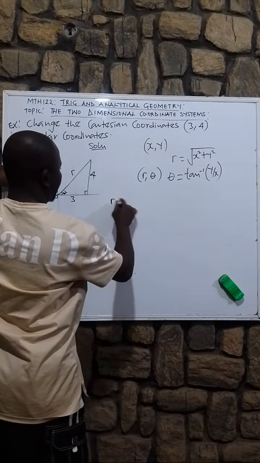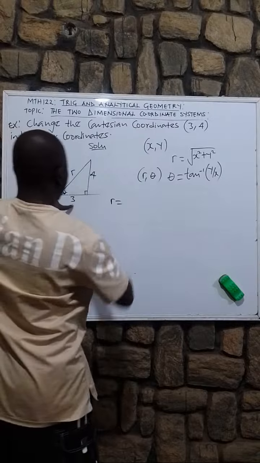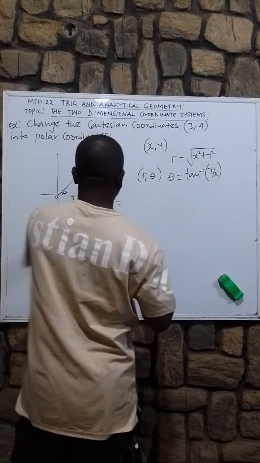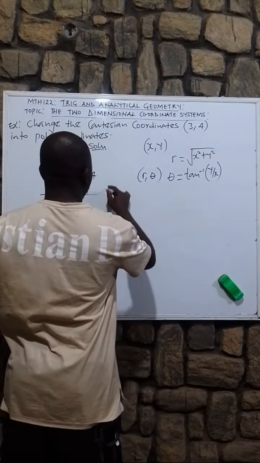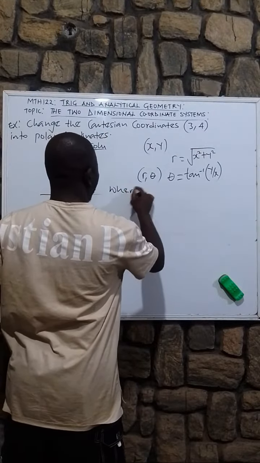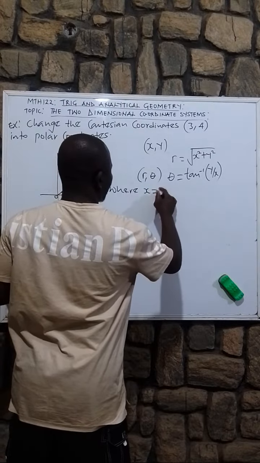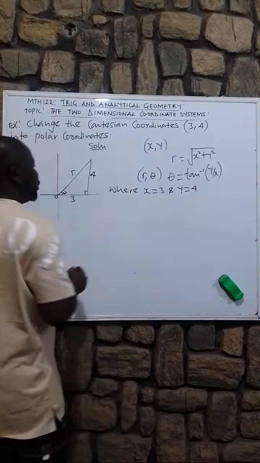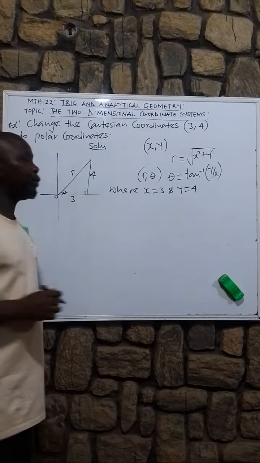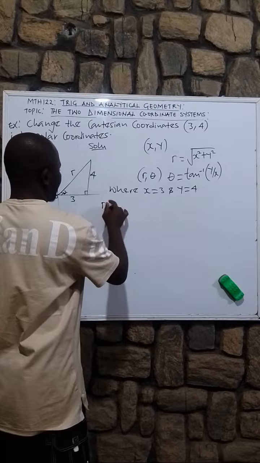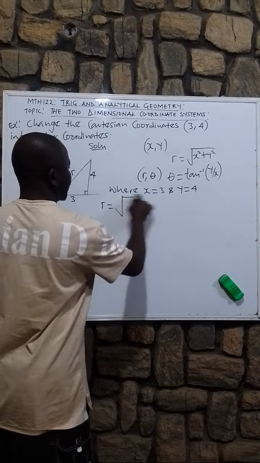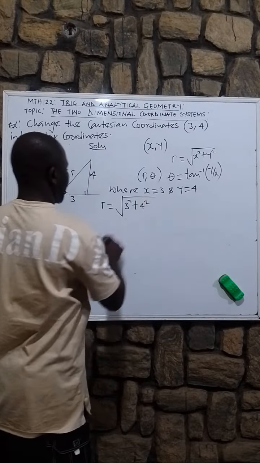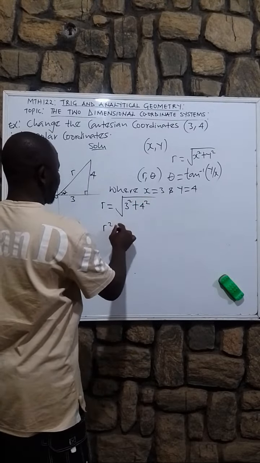Where x equals 3 and y equals 4, our r will be the square root of 3 squared plus 4 squared.